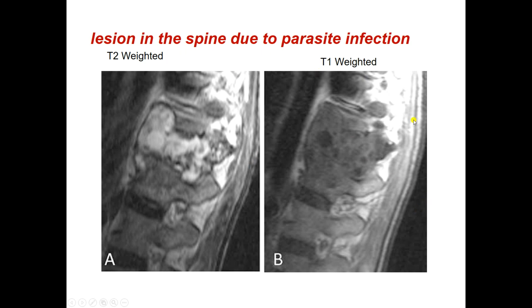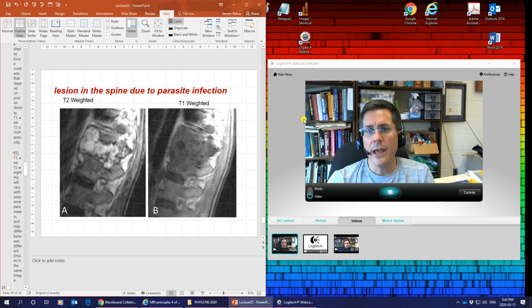And here's just an interesting one, which is a lesion in the person's spine due to parasitic infection, right? Here you can see a lot of really interesting detail of this infection, and here not so much, all right? This is the exact same patient. You just run different types of experiments. So it's really useful to know which of those is going to be most useful.